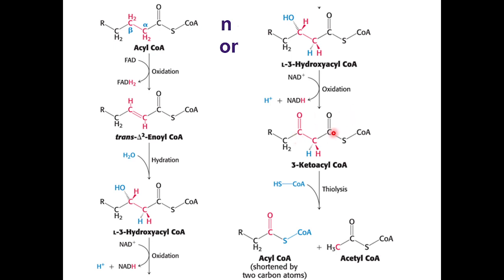What's over here? Carbonyl. Yeah, so we're going to end up splitting this off and attaching a new CoA to it, right? And so this is going to be highly reactive, by the way, because you have 2 carbonyls right next to each other. What's going to happen is we're going to have a thiolysis. Lysis, right?